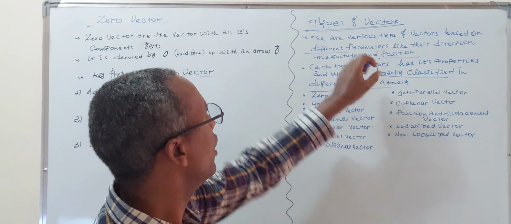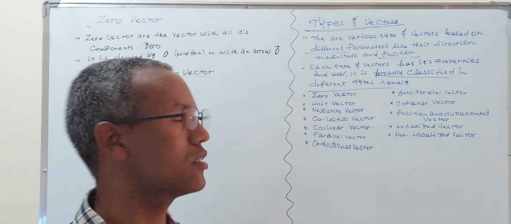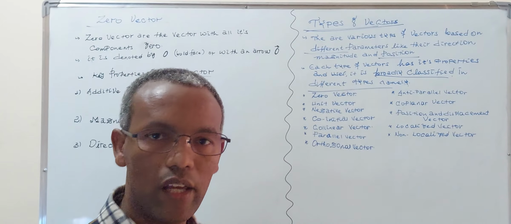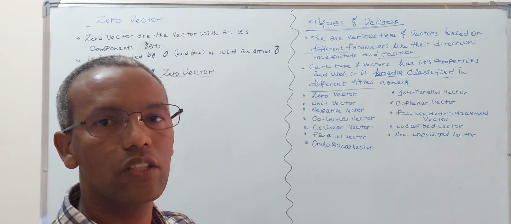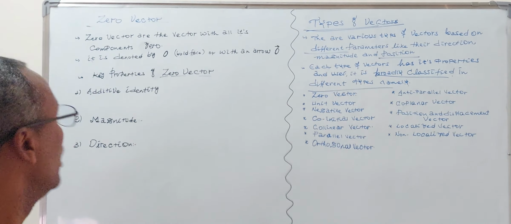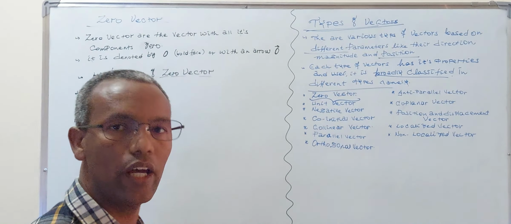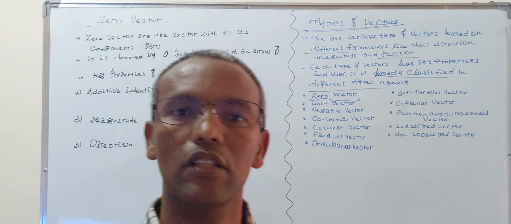These are a couple of vectors that will help you understand the types of vector. Let me know if you have any other types of vector. We can see them one by one later on, but today I just wanted to describe a zero vector.